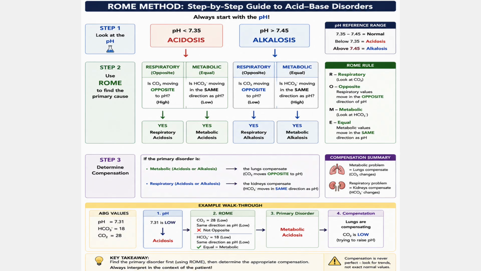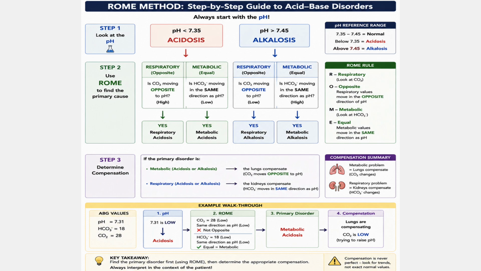So this tells us that the respiratory system is not the primary cause, because they both are going in the same direction. Instead, it's likely just trying to compensate. Now when you look at the bicarb, which is 18, that is also low. Since the pH and bicarb are both decreased, they're moving in the same direction, which matches the metabolic side of Rome. What is the metabolic side of Rome? Equal. Metabolic equal.